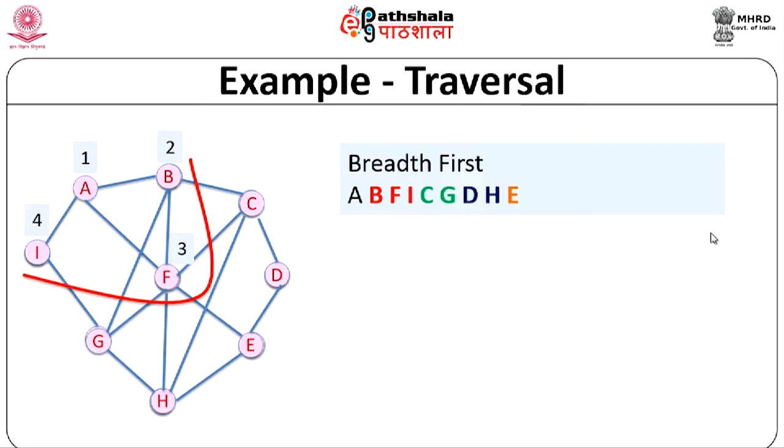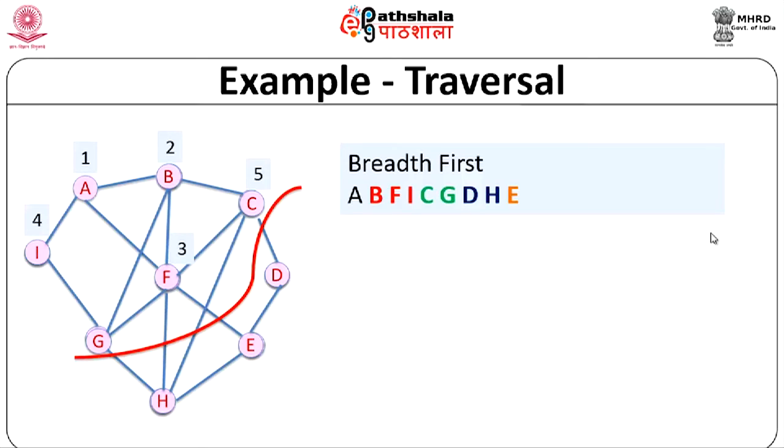Next what we have to do is, remember the first one seen is the first one explored. So, next is B. I take B and I have to find all neighbors of B which have not yet been visited. The neighbors of B are C, F and G, but F has already been visited from A. So, what is left is C and G. So, C and G are the next ones that are traversed.